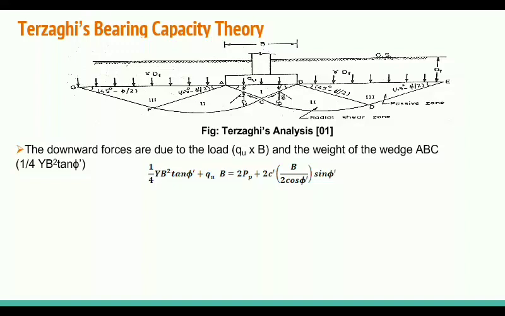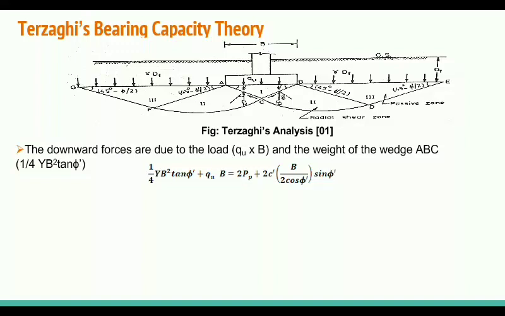So again there are two components for the vertically downward forces, and two forces also applying vertically upward forces. The two forces applying upward pressure on the sloping edges AC and BC are the shear resistance due to the cohesion, and the components of the resultant passive pressure.